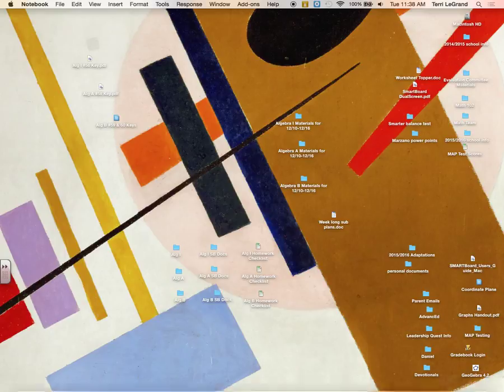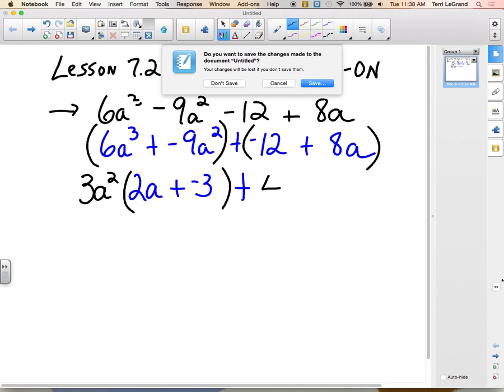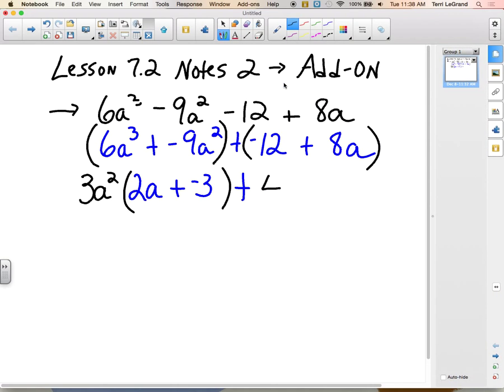There's no a's for the negative 12. If there's no a's for the negative 12, then we can't divide any a's out. So we're just going to divide out our 4 is all. And we're going to have what as a result? Negative 12 divided by 4? Negative 3. 8a divided by 4? 2a.